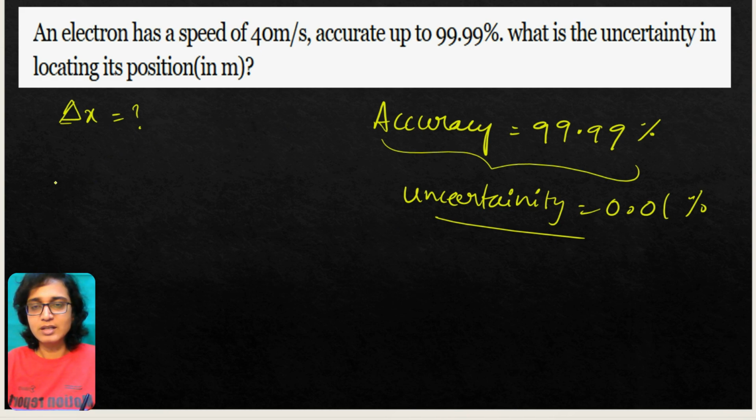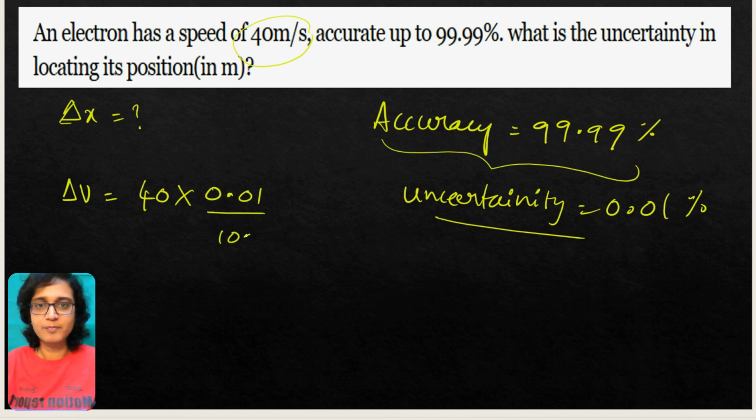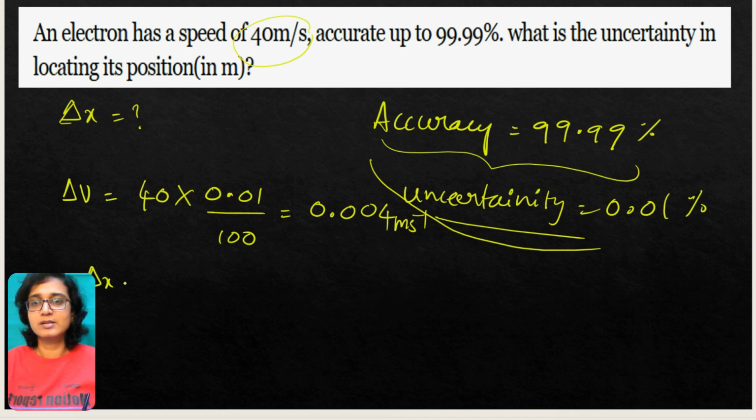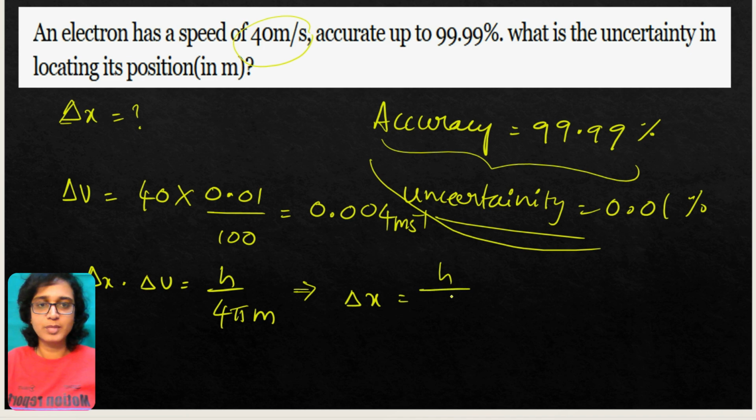So the uncertainty in velocity, delta v, is 0.01 percent of 40 meters per second, that will be 0.004 meters per second. Now you can calculate: delta x into delta v equals h by 4 pi m, so delta x equals h by 4 pi m into delta v.